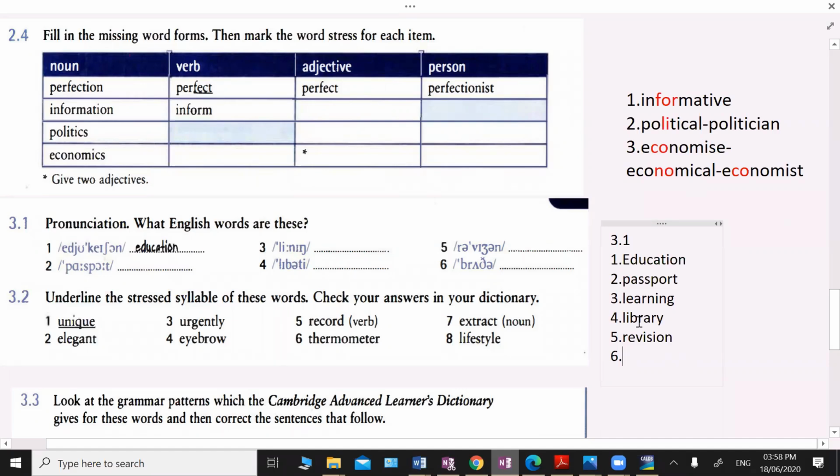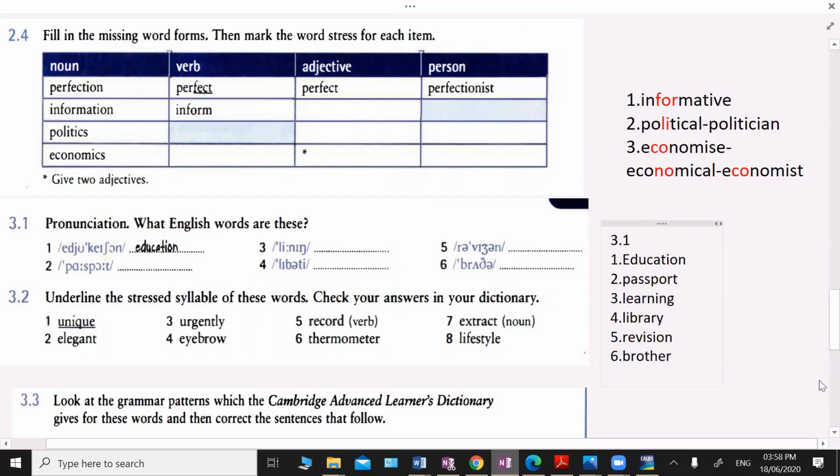And look at the last symbol, the last one. It's like a kind of E, but it is in downside. It's like about. It's brother. B-R-O-T-H-E-R, brother.